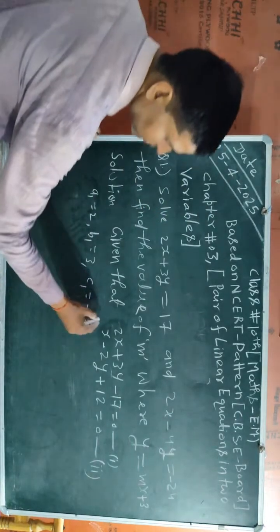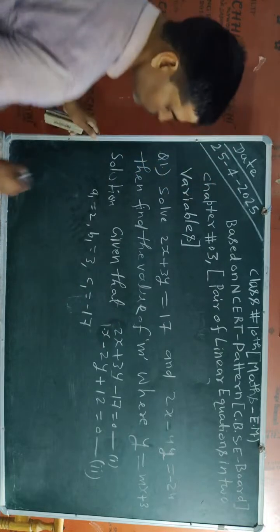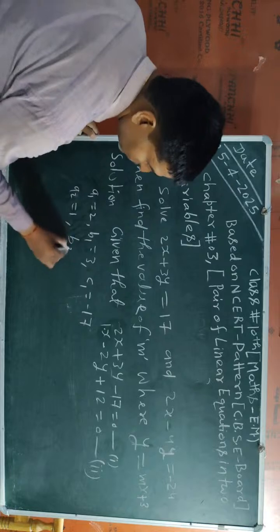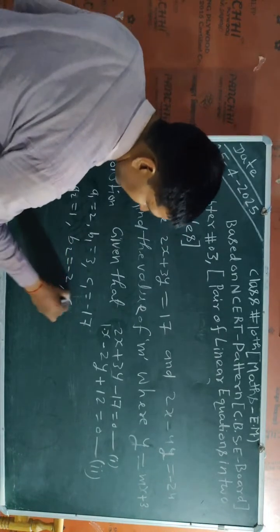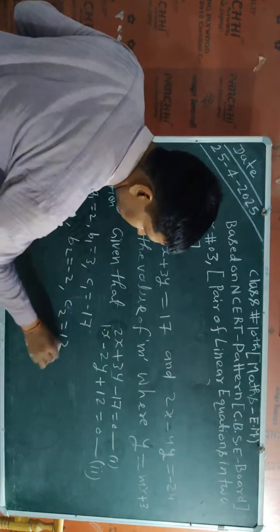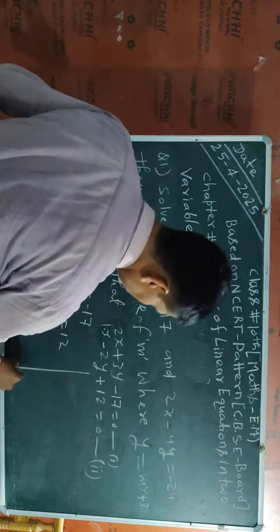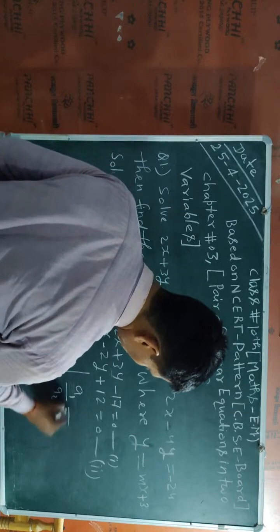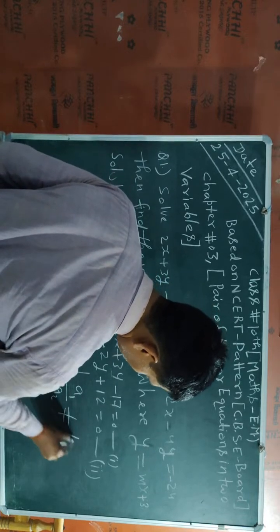In the second equation, I can write 1 into x, so a2 equals 1, b2 equals minus 2, and c2 equals 12.